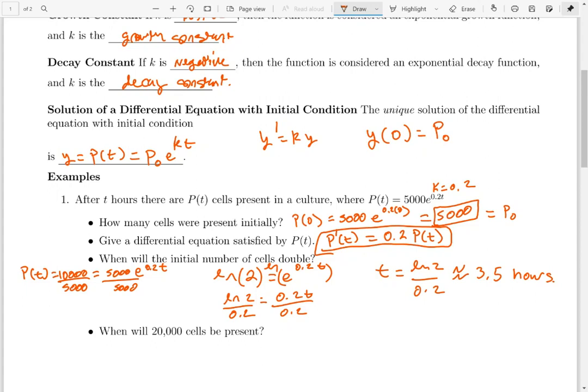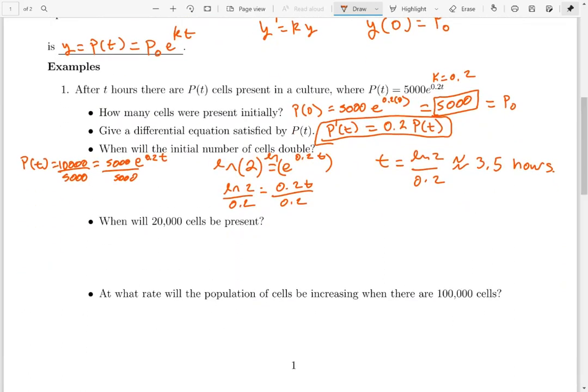Well, then we want to know when will 20,000 cells be present, but we would take the exact same approach. Set that function equal to 20,000. So 20,000 cells equal to 5,000 e to the 0.2 t, divide by 5,000, divide by 5,000. I get 4 is equal to e to the 0.2 t.